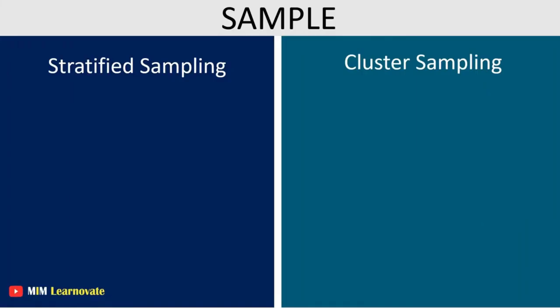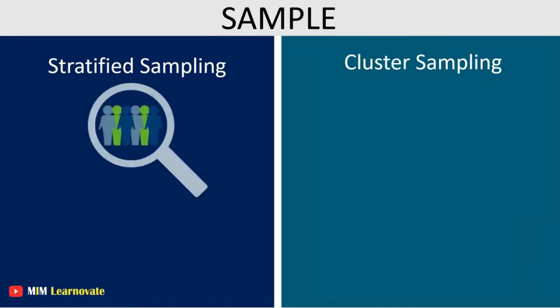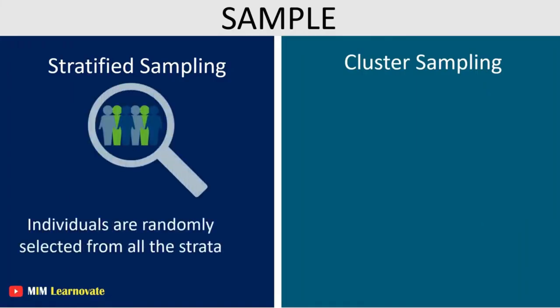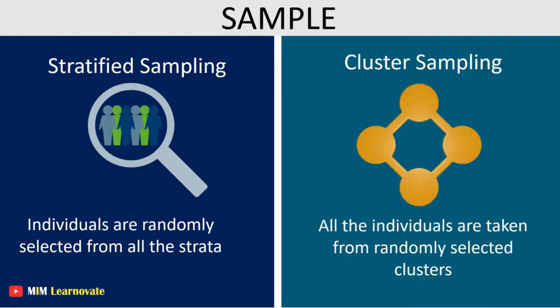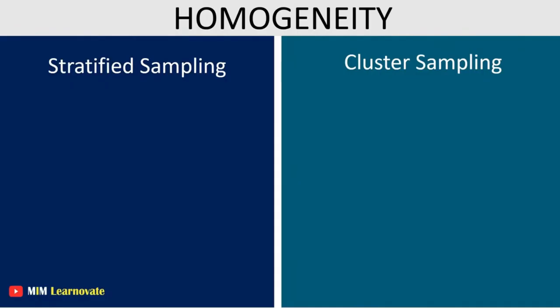Sample. In stratified sampling, the individuals are randomly selected from all the strata to constitute the sample. On the other hand, in cluster sampling, the sample is formed when all the individuals are taken from randomly selected clusters. Homogeneity.